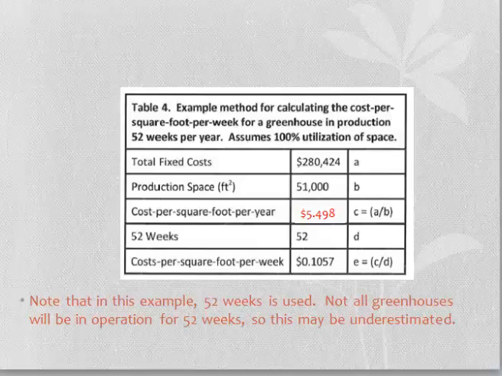But that's a yearly cost. And you won't have poinsettias in the greenhouse all year. So we add one more element, which is the number of weeks. So we divide the $5.49 by 52 to get a cost per square foot per week of about 10.5 cents.